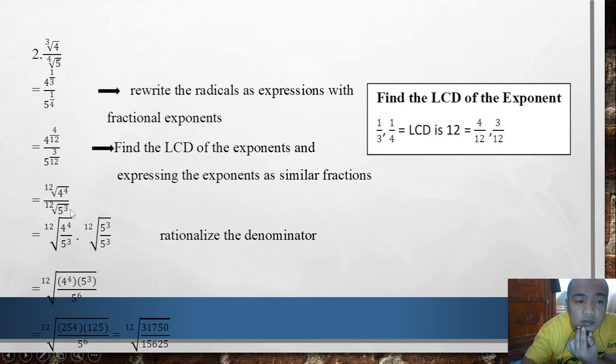So after that, we will rationalize again the denominator, because there is a radical in the denominator. So we will multiply this radical, 12 root of 4 to the 4th over 5 cubed, by 12 root of 5 cubed over 5 cubed, which is also equivalent to 1.